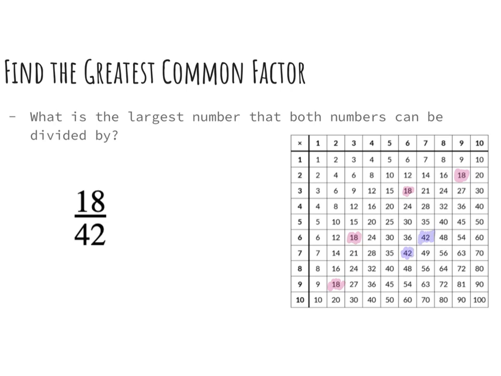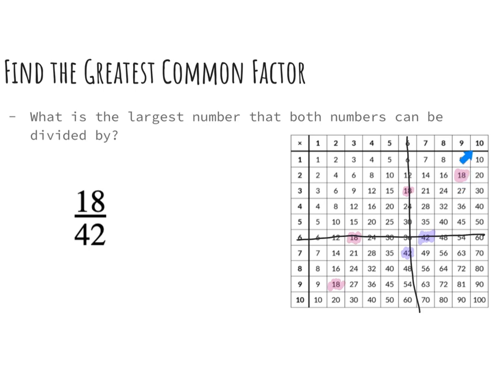So if we look at these, make that a little smaller, sorry. We look at some of these rows where both of them are occurring. We find that 6 is the largest number that you can divide both 18 and 42 by.